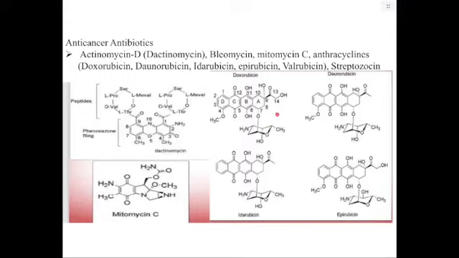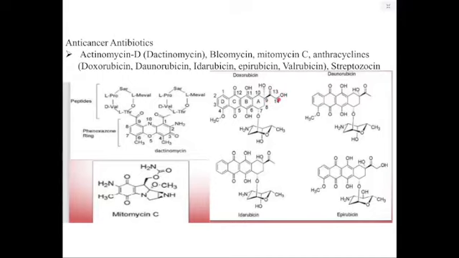The only thing we need to establish right away: if you look at doxorubicin, it has a methoxy group at position number 4, and daunorubicin also has a methoxy group at position number 4. But look at position number 9, which is different.